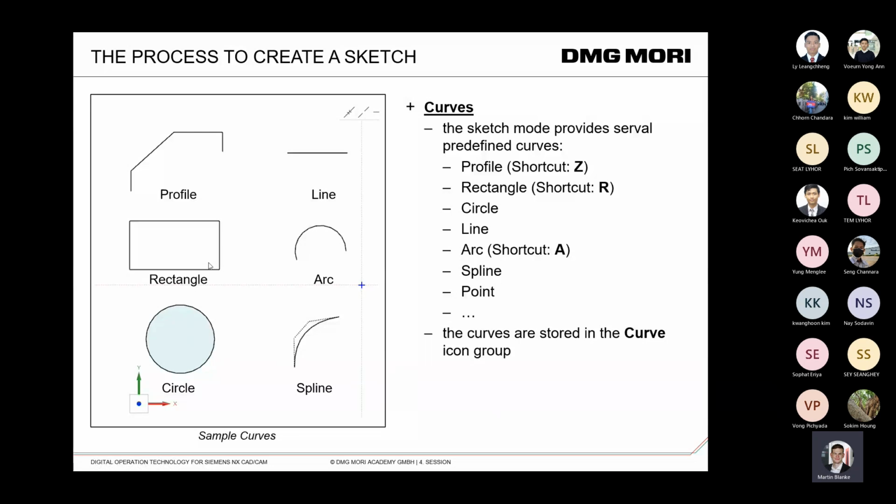These curves are stored in the curve icon group at the top left side of Siemens NX, and it's extremely helpful to create components with these predefined curves.